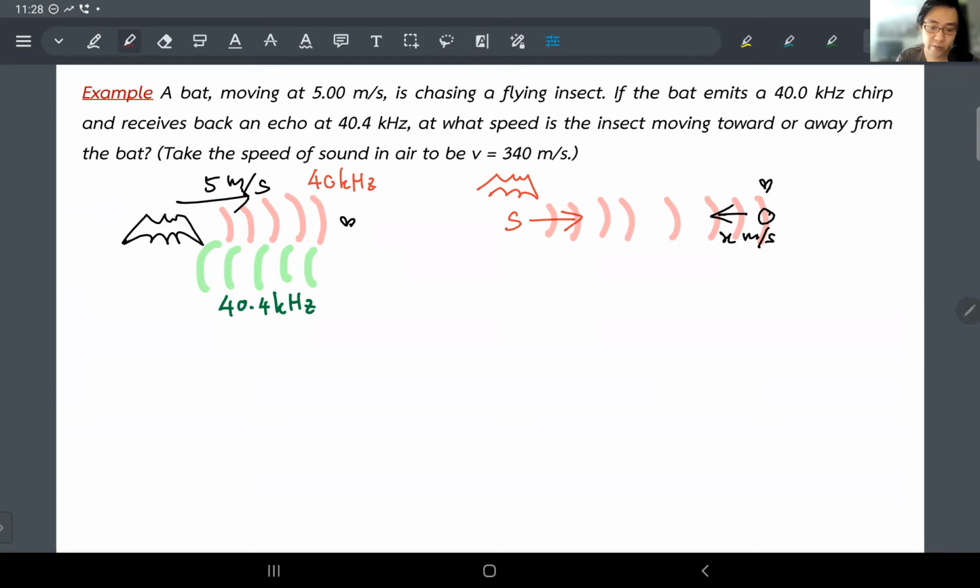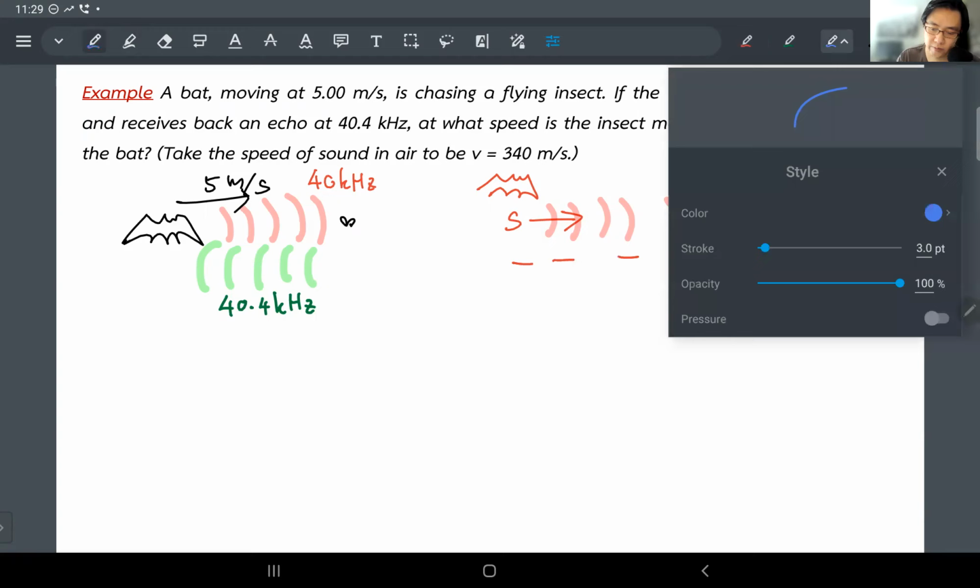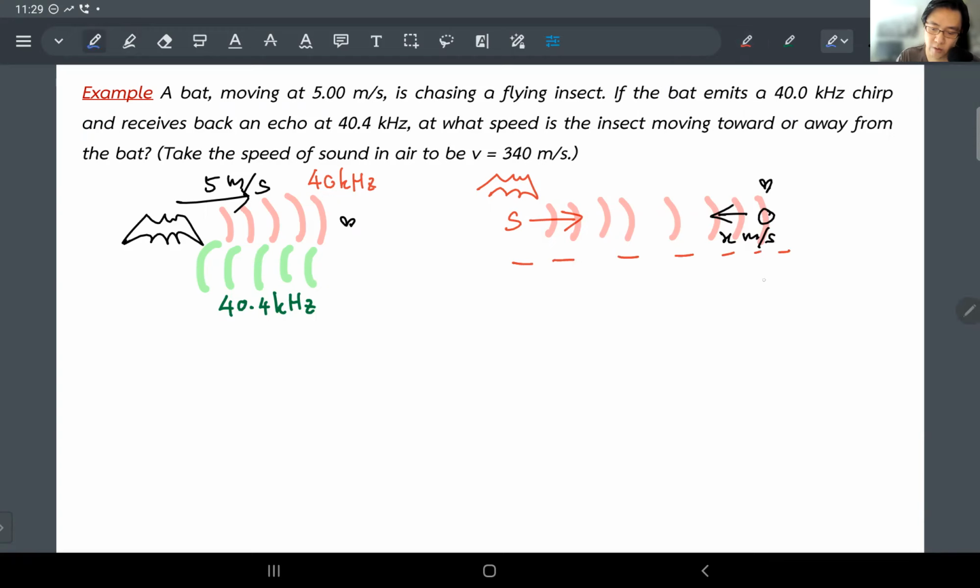That reflection flips the roles of these two. In the second half, the insect will be the source and the bat will now be the observer. Whatever frequency you observe in the first half, the observed frequency at the insect, will be used as the source frequency in the second step. Does that make sense?